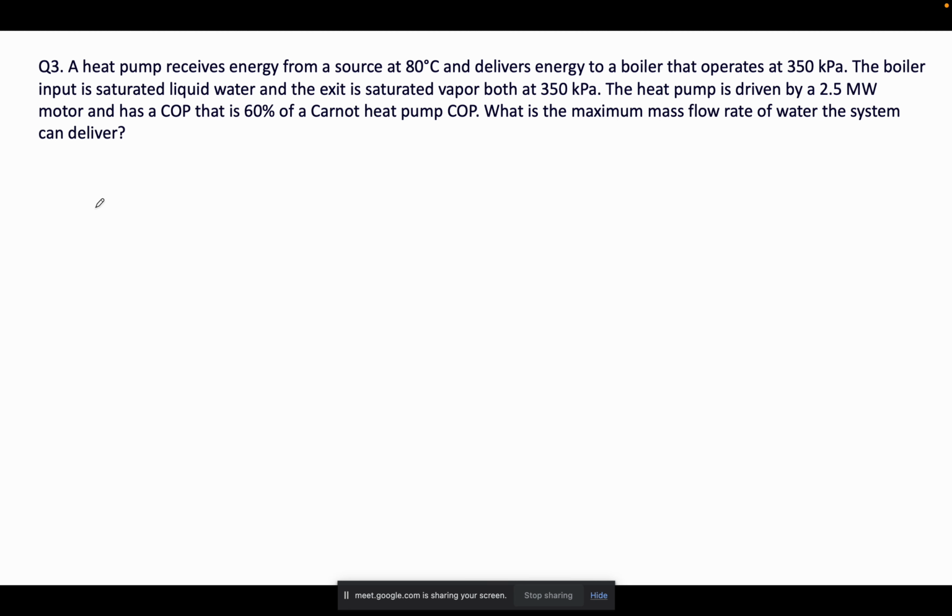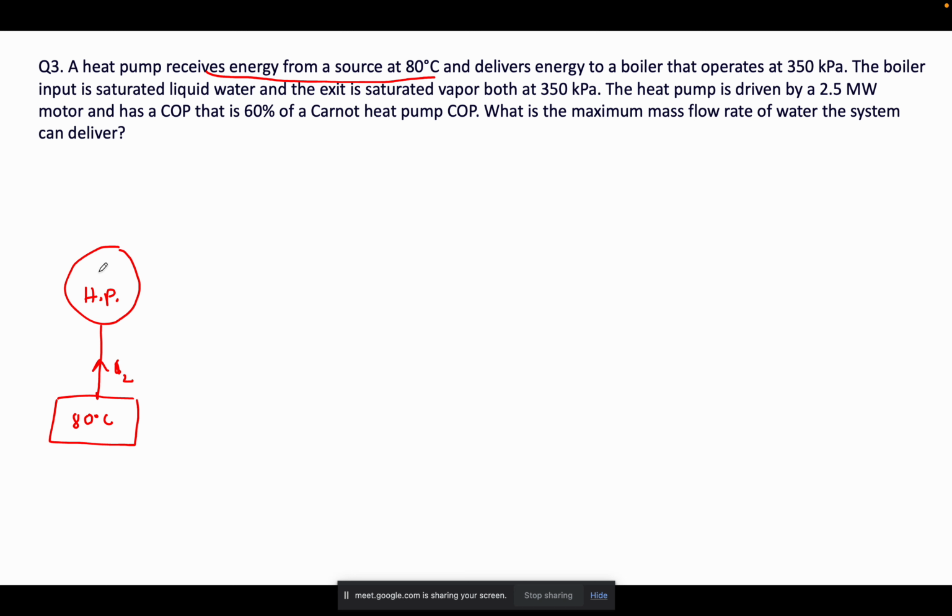Okay, so let us first see. I will draw the heat pump. So this is my heat pump. What it does, it receives energy from a source at 80 degrees Celsius. So this one is my 80 degrees Celsius. It receives say Q2 amount of energy.